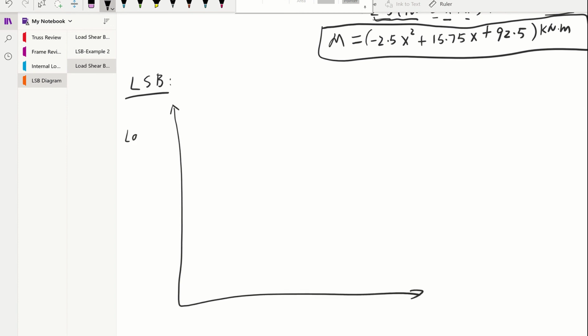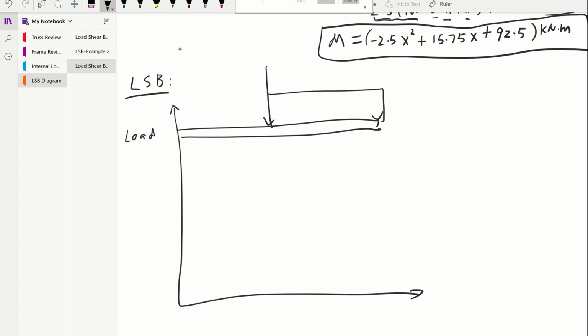So for load, we'll have this beam. We have a concentrated load in the middle. Then we have distributed load. The concentrated load is 15 kilonewton. And distributed load gives us 5 kilonewton per meter.